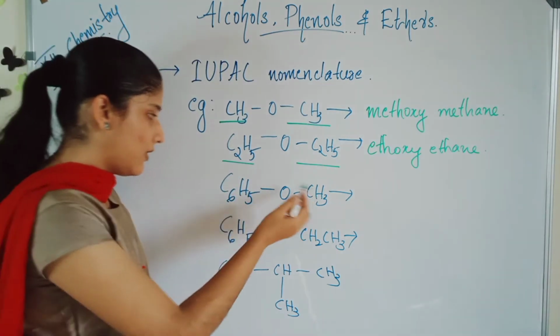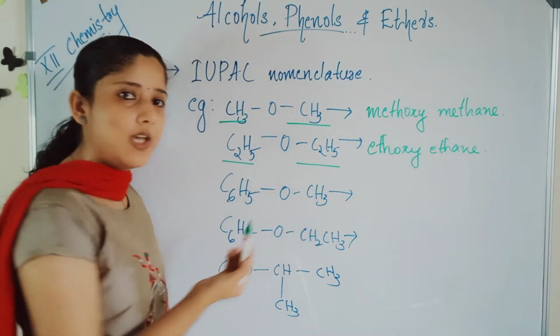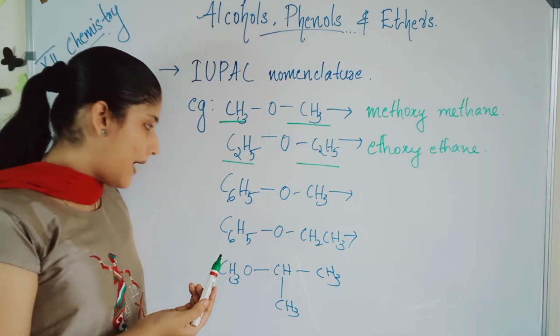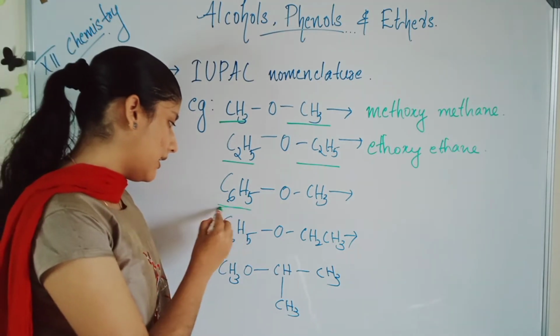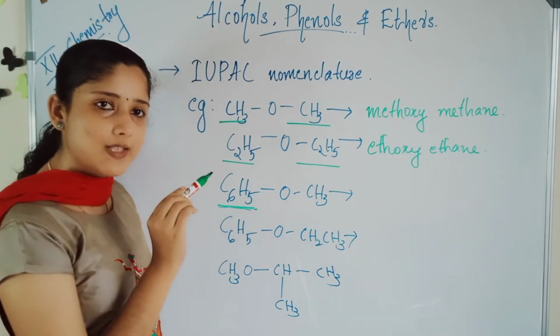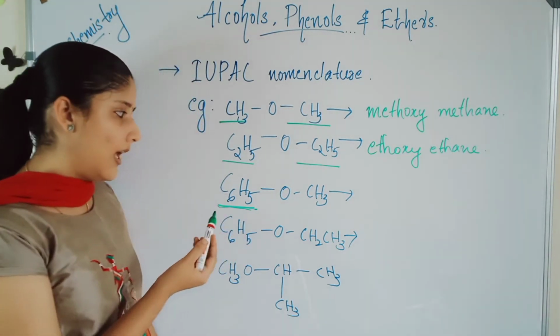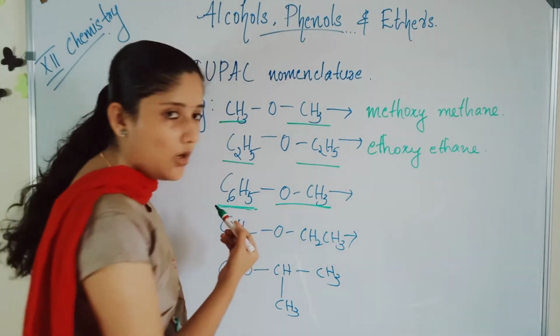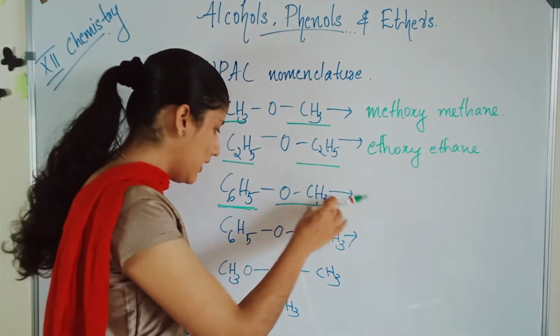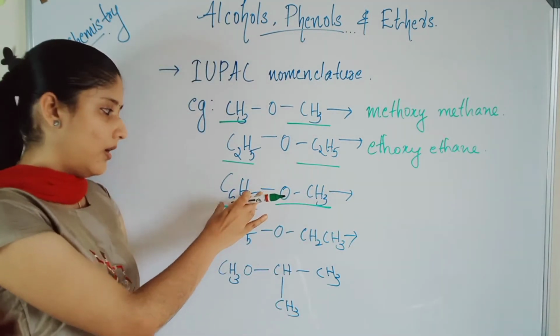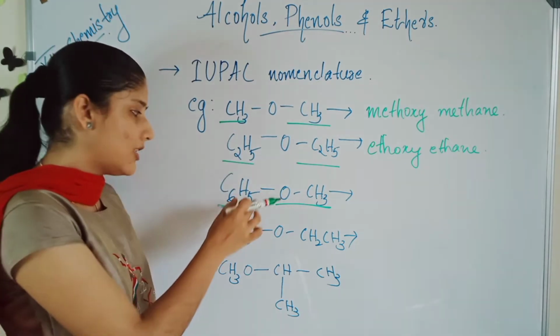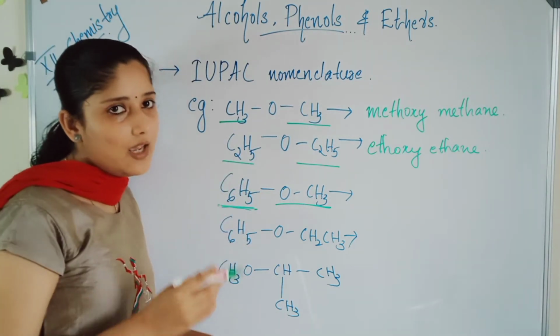Now look at the next one. C6H5OCH3. Which is the parent? This is the parent. This is benzene. We will not write phenyl, it is benzene. C6H5 benzene. And this group is methoxy. Larger group will be the parent. I have already told you.